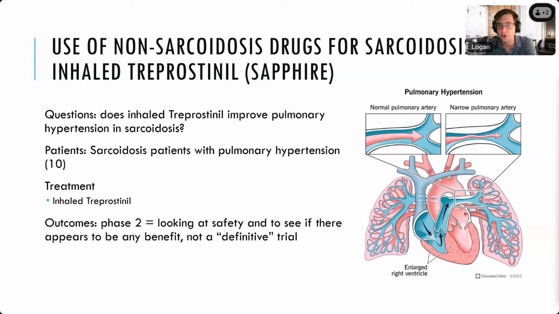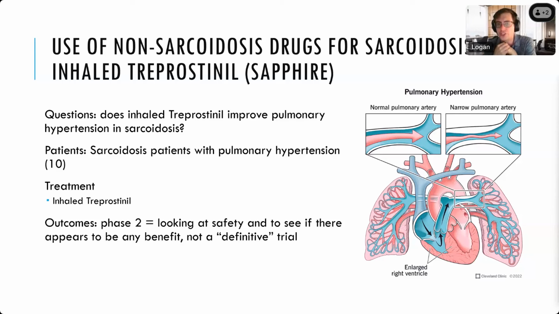When these blood vessels are narrowed, the right heart has to work much harder to pump blood into the lungs. And this can cause low oxygen levels and right-sided heart failure. We actually have a large number of drugs that open up those pulmonary vessels when they're narrowed.